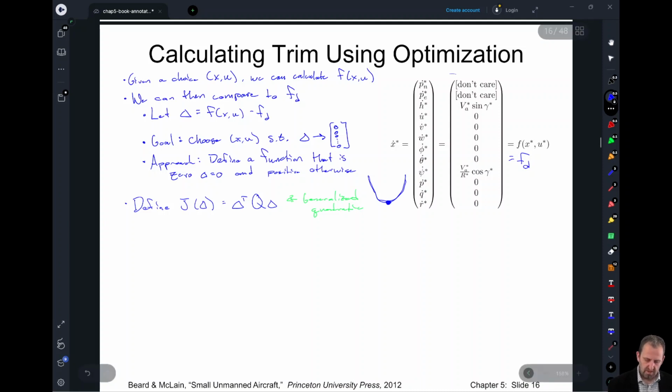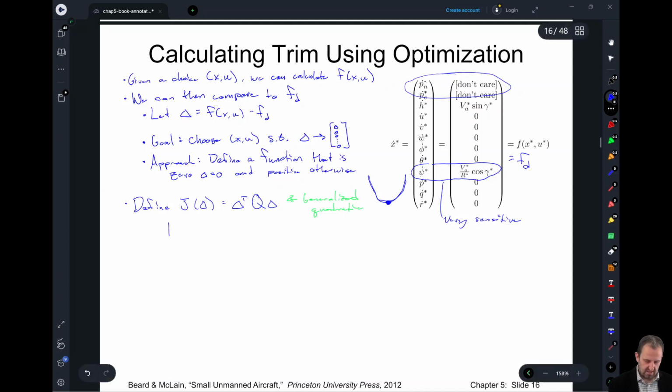But we're going to be a little bit more careful how we design this. We really don't care about those top two. And in actuality, this one is very sensitive, so if we're going to have any error, we don't want to have any error in that one.